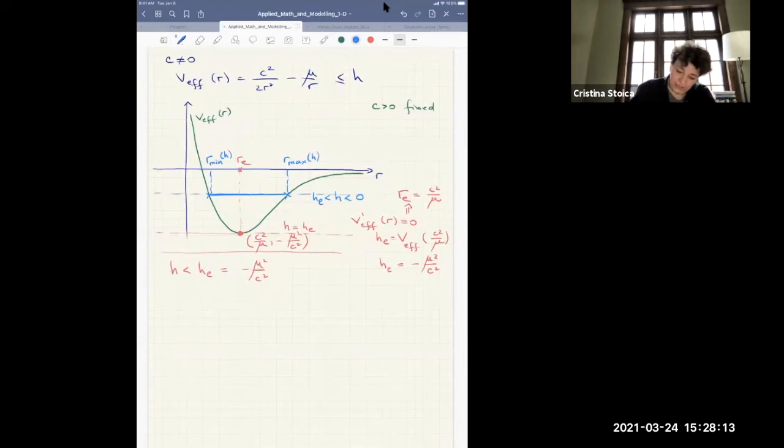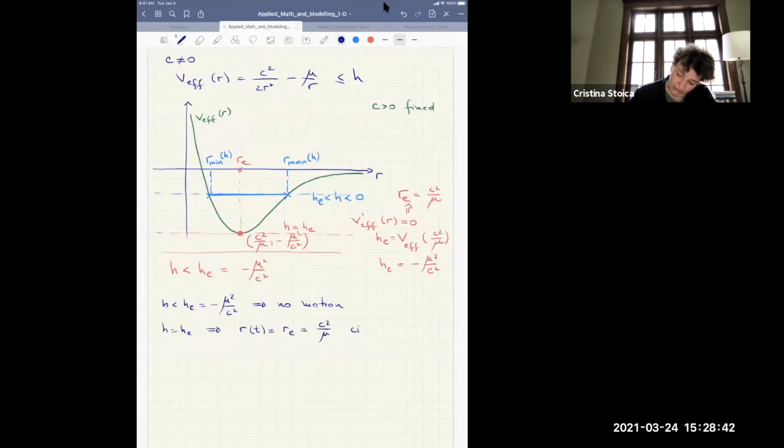So I should start writing what we discovered. For H less than HE, which is minus mu squared over C squared, we have no motion. Then for H equals HE, we have R of T equals RE equals C squared over mu.